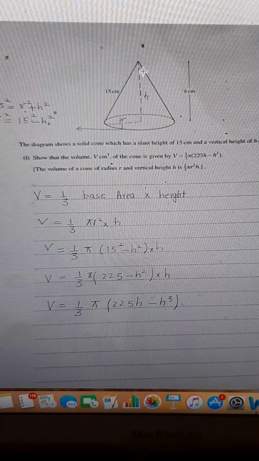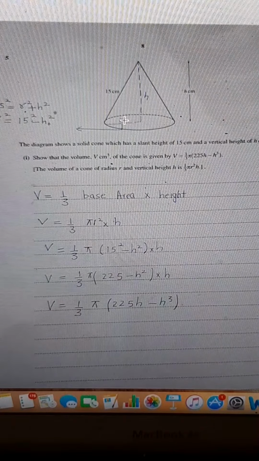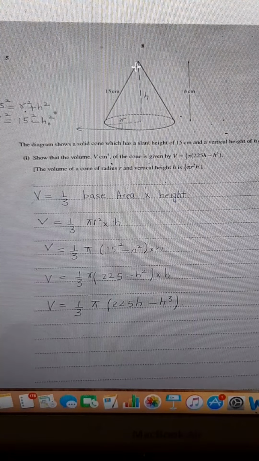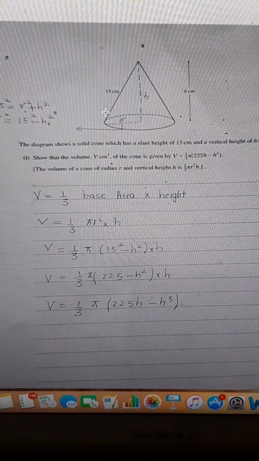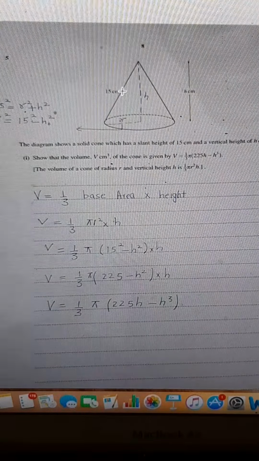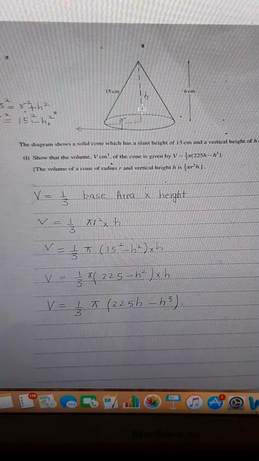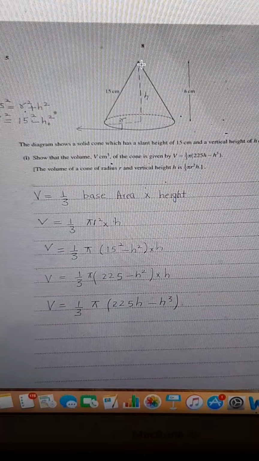Now if you consider this a right triangle, this is h, this is r, and this is the hypotenuse of this right triangle, which is 15. So hypotenuse squared, 15 squared, is equal to r squared plus h squared.